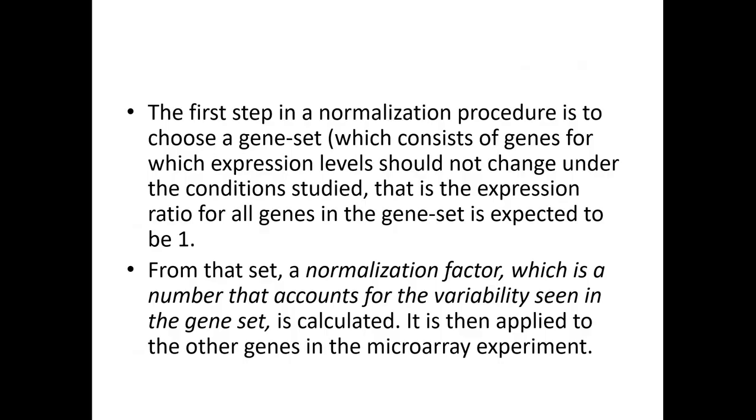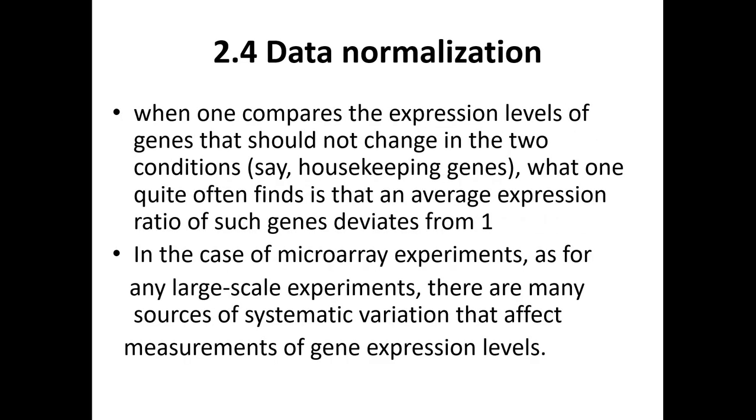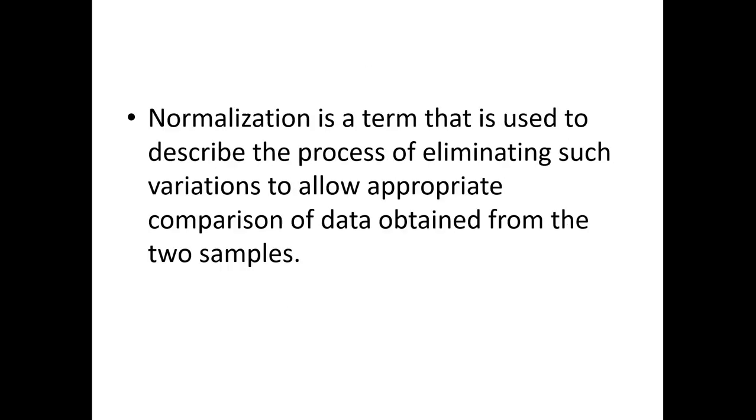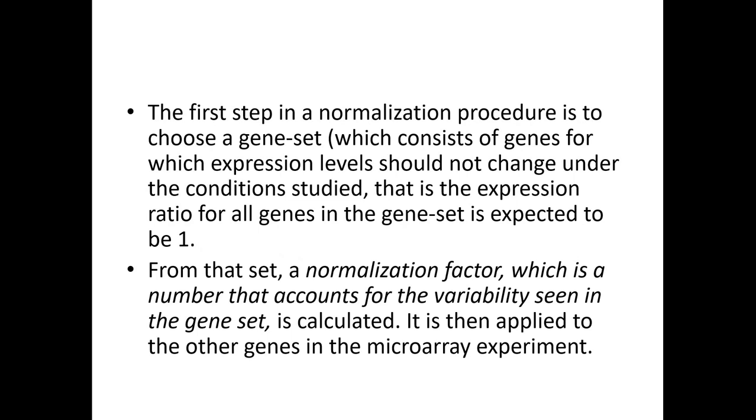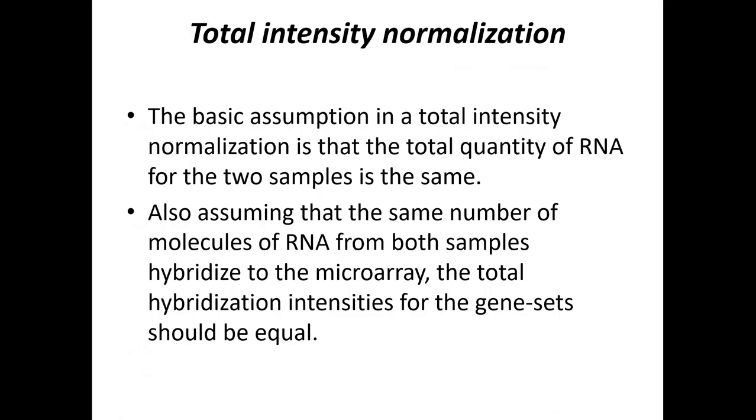So in the normalization, initially we select a set of genes, housekeeping genes, for which the expression ratio is to be 1. Using that gene set, we calculate the normalization factor. This normalization factor accounts for the variability and is then applied to reduce the variations in the data.